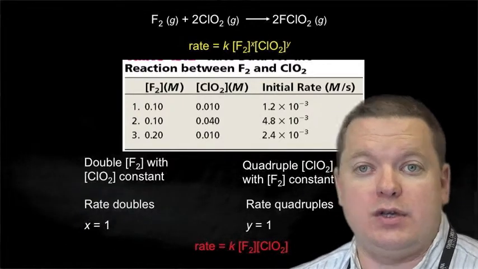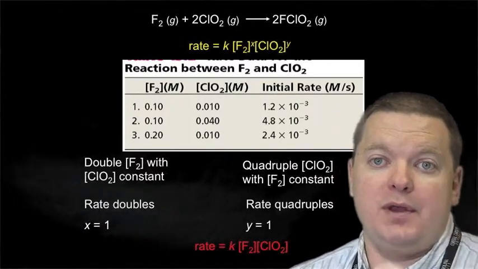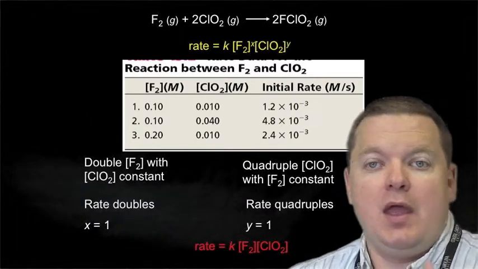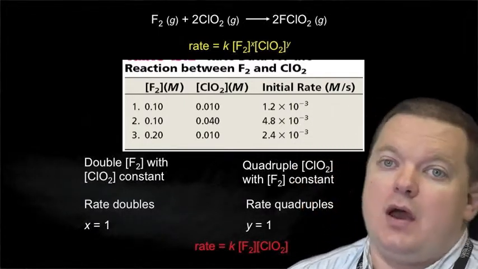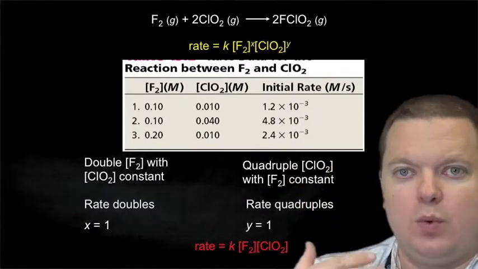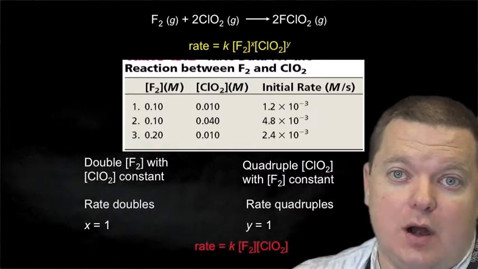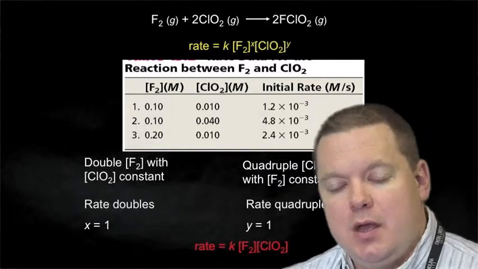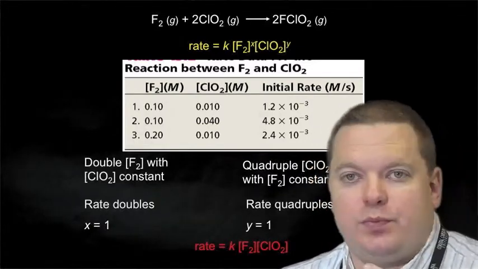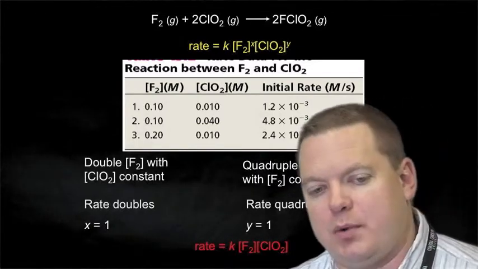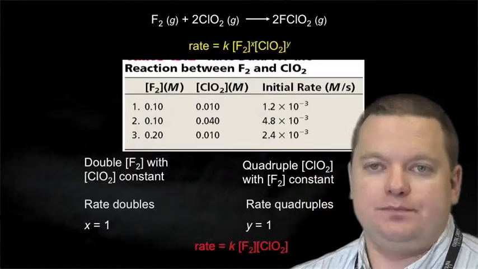Remember, these orders and rate laws are determined experimentally, and life doesn't always work out in whole numbers. So we can have orders that aren't necessarily whole numbers, but for simplicity, primarily we're going to focus on those whole number values.